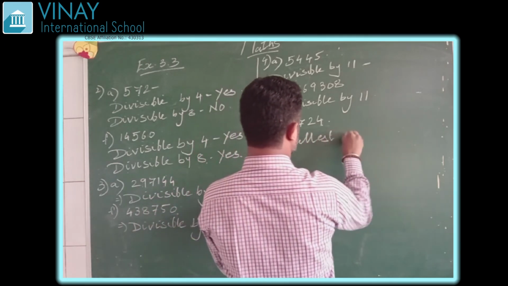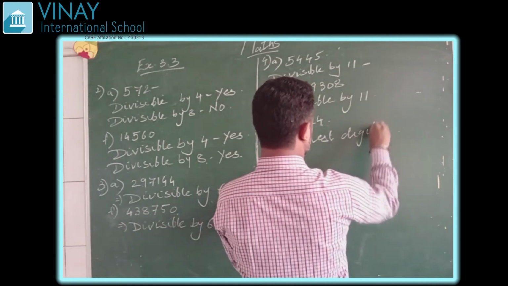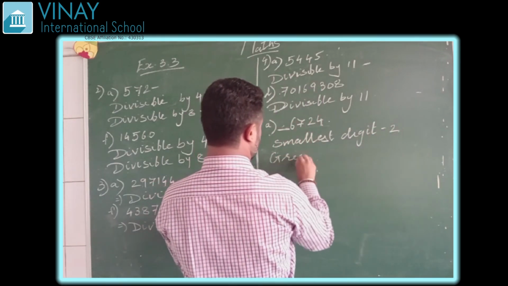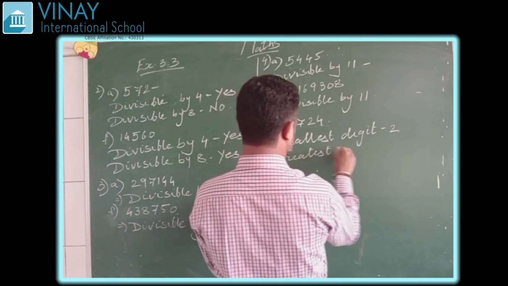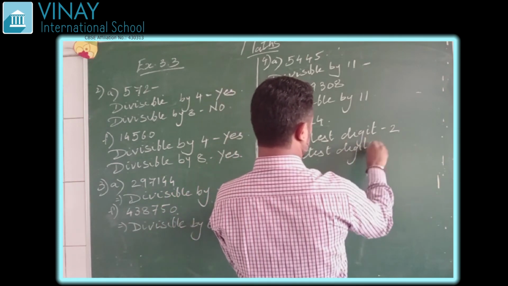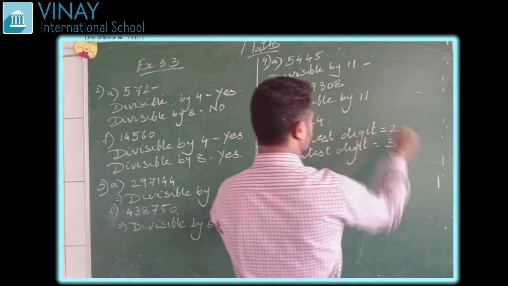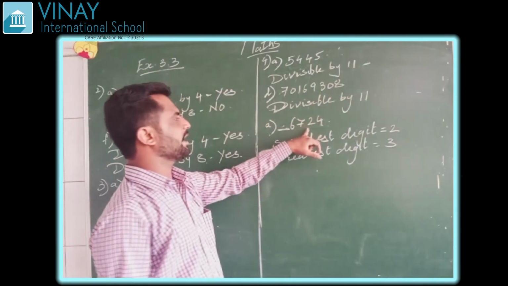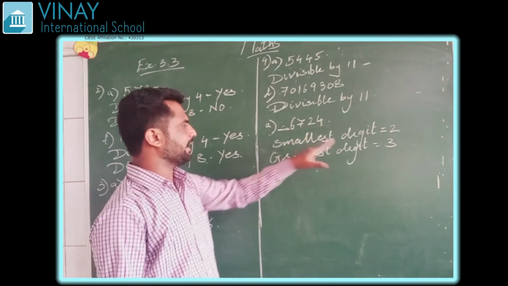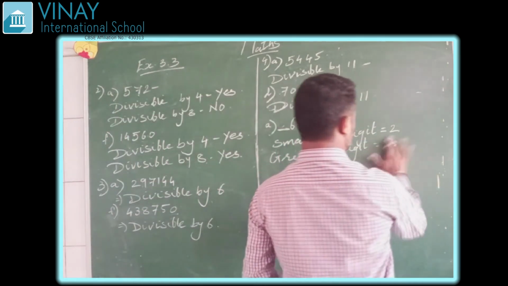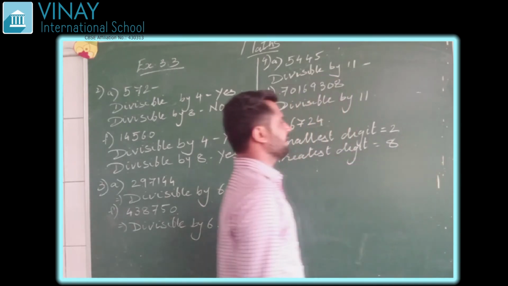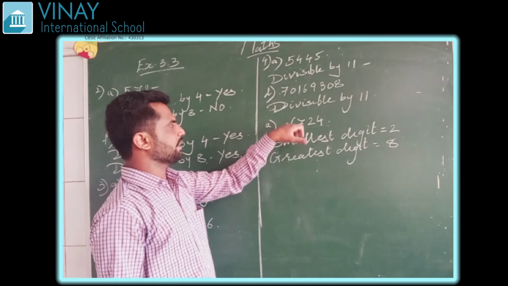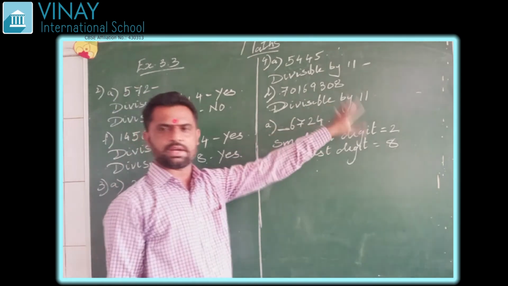Smallest digit we can put is 2 to make it divisible by 3, and greatest digit it will be 8 to make it divisible by 3.